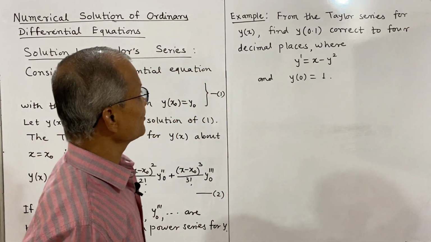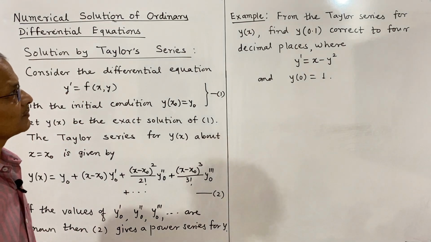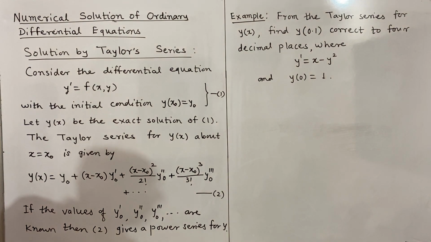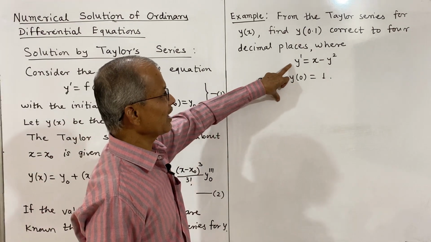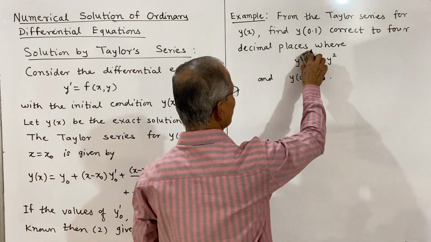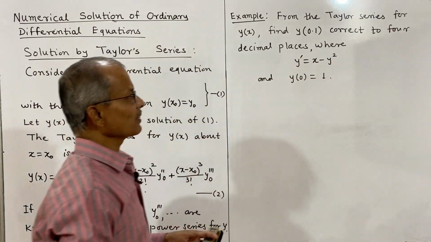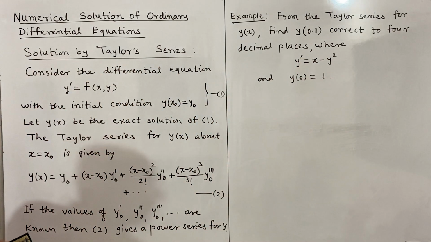I have written the problem here: from the Taylor series for y of x, find y at 0.1 correct to 4 decimal places, where the differential equation is y dash or y prime, that means dy by dx, is equal to x minus y square, and y at 0 is equal to 1.